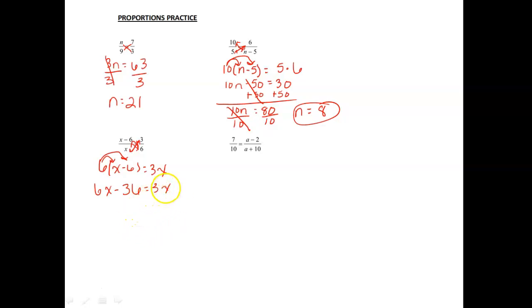All right, so let's move all of our x to the left and our numbers to the right. So I'm going to subtract 3x from both sides. 6x minus 3x is 3x. Bring down your minus 36. And 3x minus 3x, there's nothing left over here, and it's 0. You add 36 to both sides.